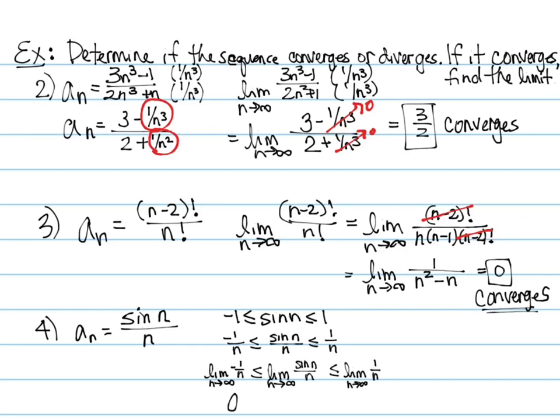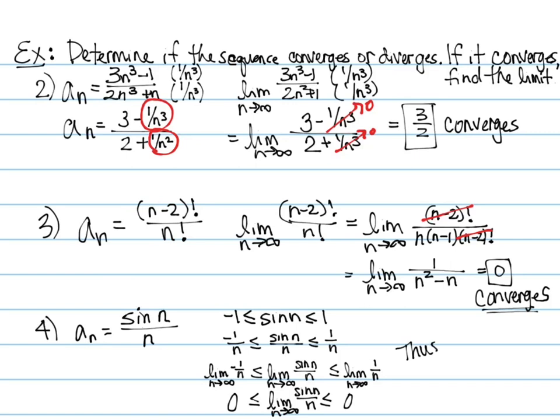This value is 0, and this value is 0, and the limit as n goes to infinity of sine of n over n is sandwiched in between, which means it's also 0.